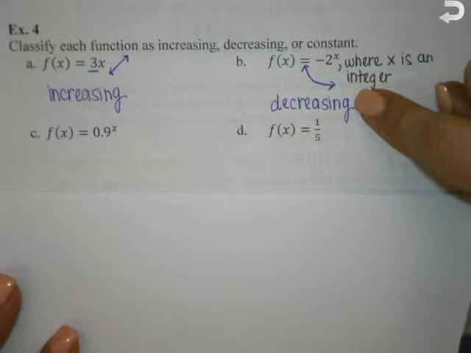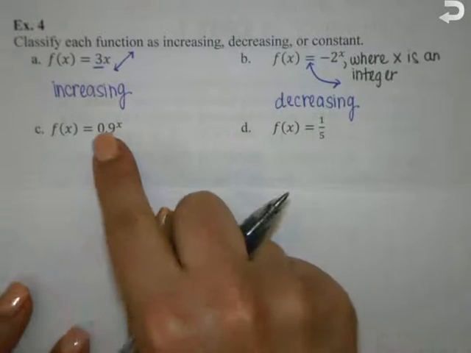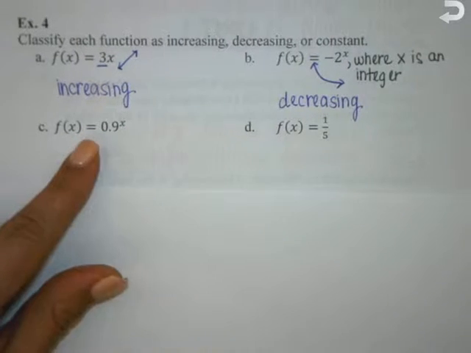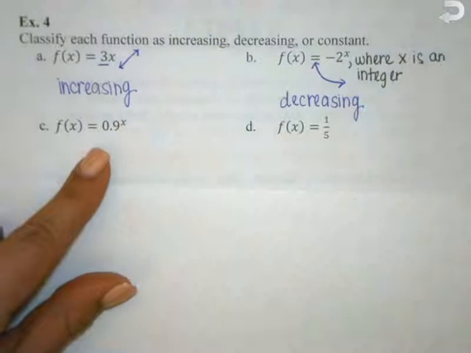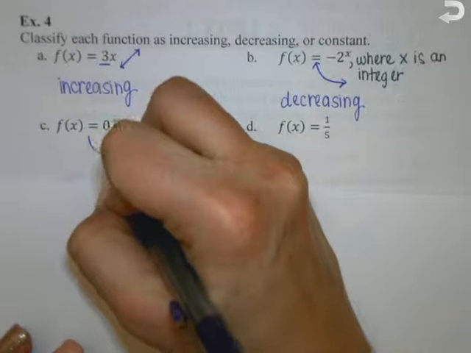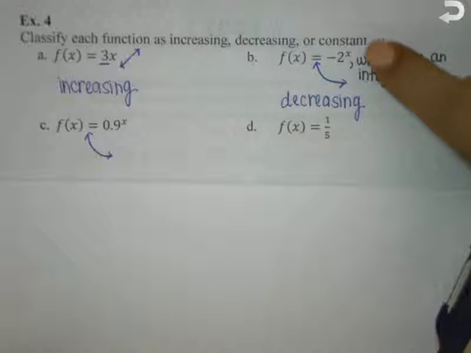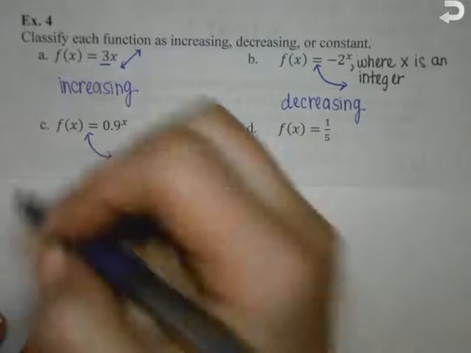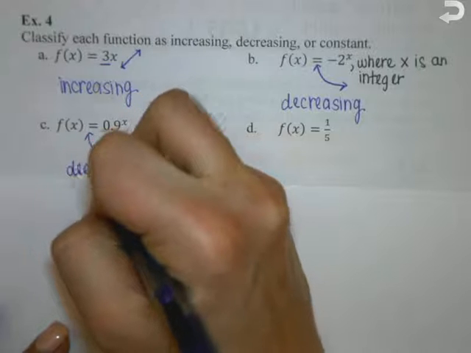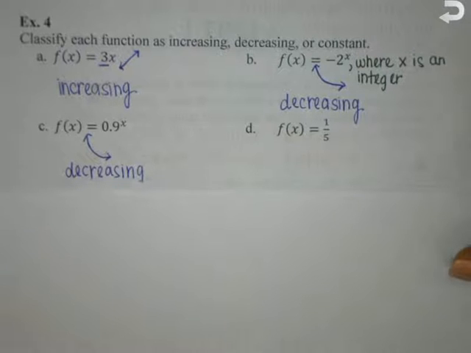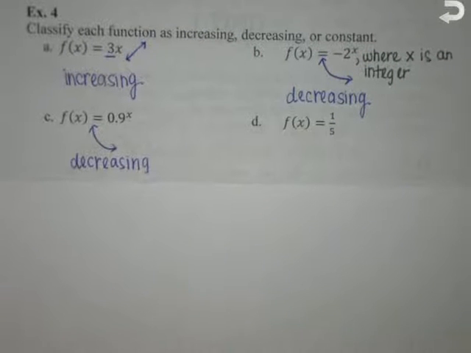But exponentials are very special because look at this one. Is this also an exponential function? Yes. Our number is positive, but it's a decimal. So is it increasing or decreasing? Also decreasing. So it also looks like this. If your exponential has a negative number or a decimal or fraction, they are both decreasing. You are only increasing if you have a whole positive number. So exponentials are tricky like that. You should have that written in your packet.